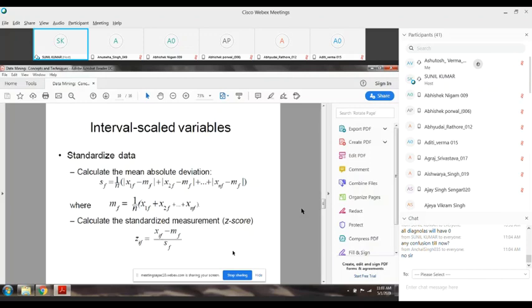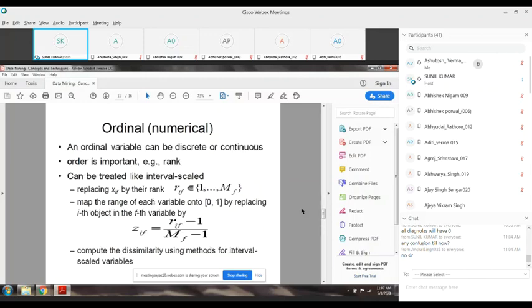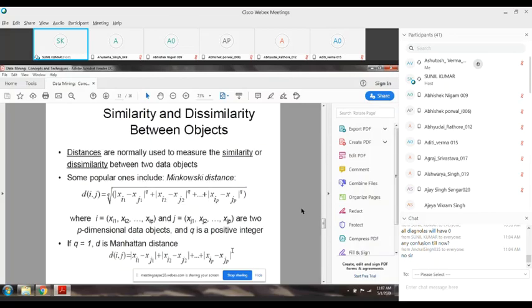Calculate the mean or absolute deviation. These things you see by your own. I'm not going to read the equations for you. If further any query, then you can ask. Then we have ordinal, where we impose an order kind of thing like rank, all that. The formula is given. And basically, I will deal with this part, similarity and dissimilarity between objects.